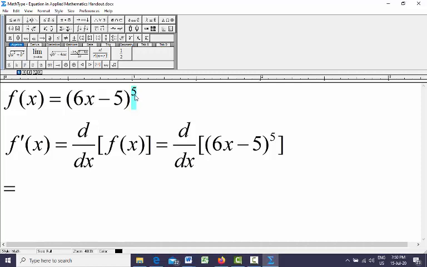That means you need to process this one first, the differentiation of power, and only then can you do the differentiation of the inside materials, right?